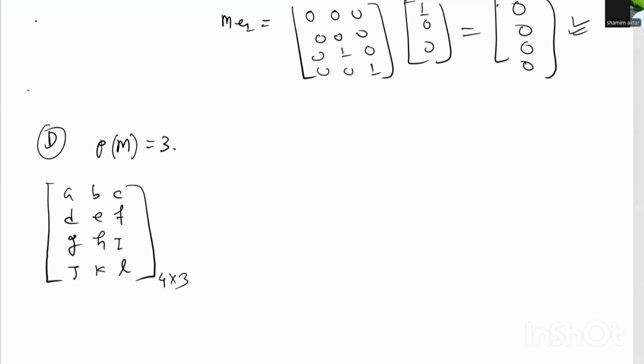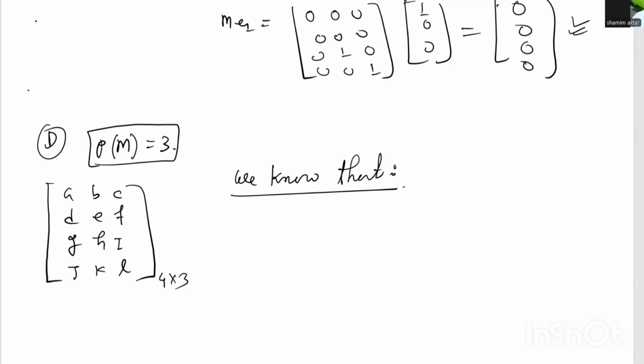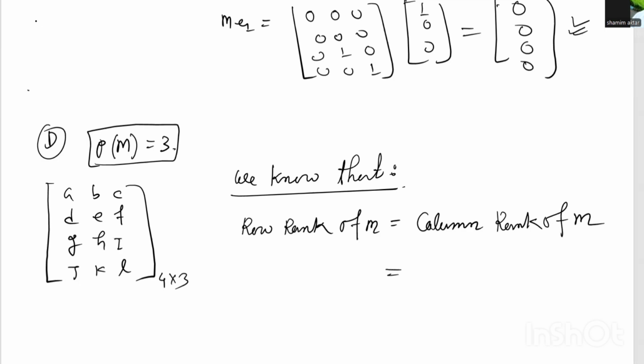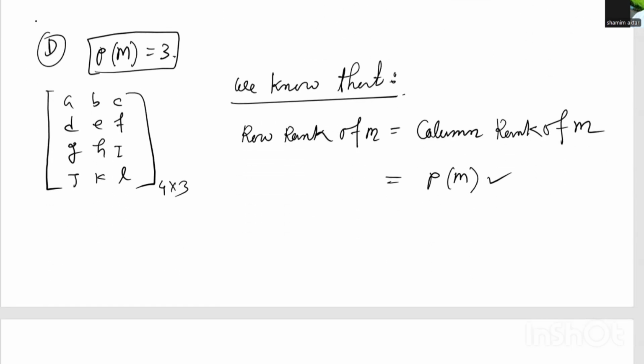Given rank of M equal to 3, we know that row rank of M equal to column rank, equal to the rank of the matrix M. So rank of M is equal to 3.